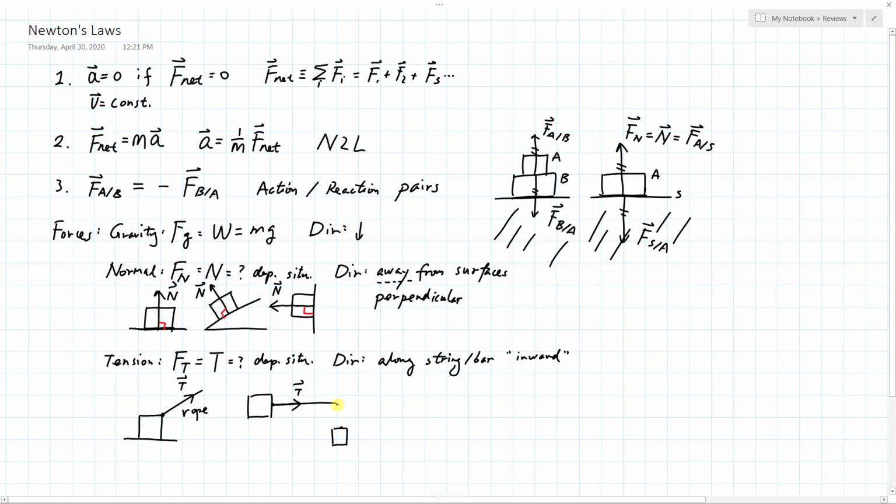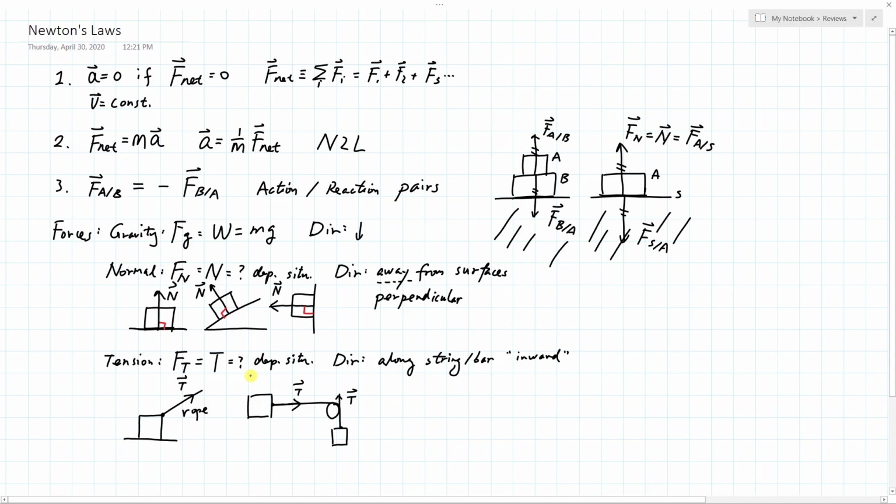So let's pull this tension here upward. Tension depends on the situation, and it'll always run along the string or bar, and the magnitude needs to be solved in the situation.